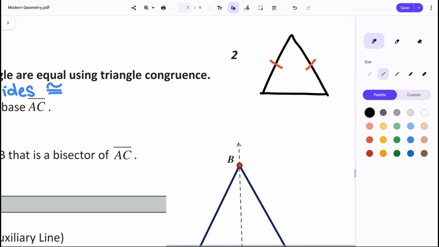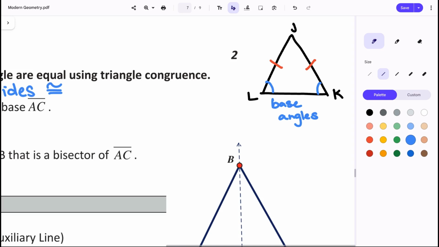So if I called this triangle JKL, where would the base angles be? Where are the angles directly across from the congruent sides? L and K. So these would be your base angles here. And that would tell you that they would be equal to each other.